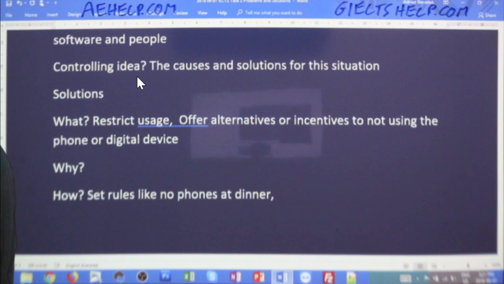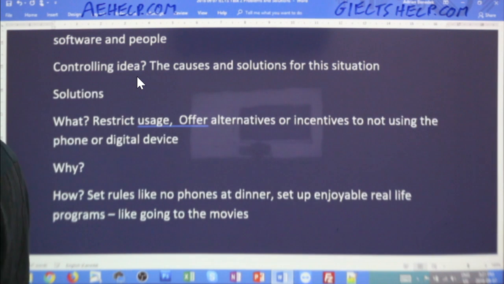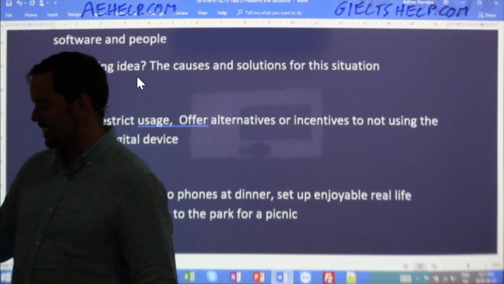So set up enjoyable real life programs like going to the movies. Okay, which is actually a little bit the same. So let's say something different, like going to the park for a picnic. Okay. A little bit better than going to the movies and everybody's then staring at a big screen instead of a little screen.